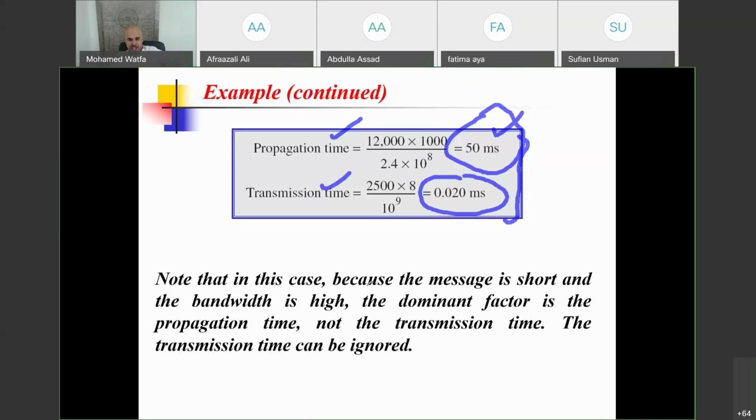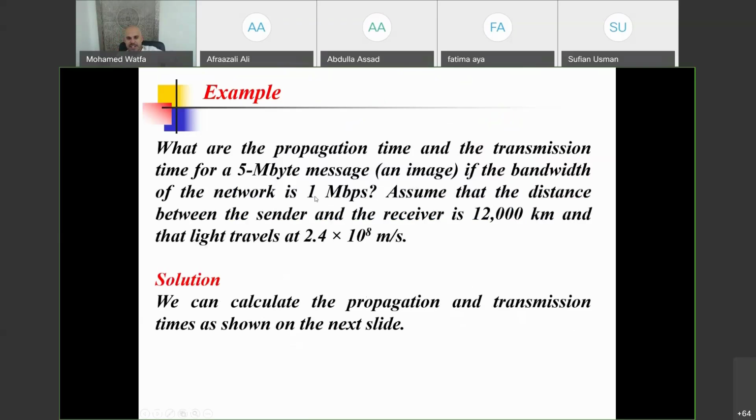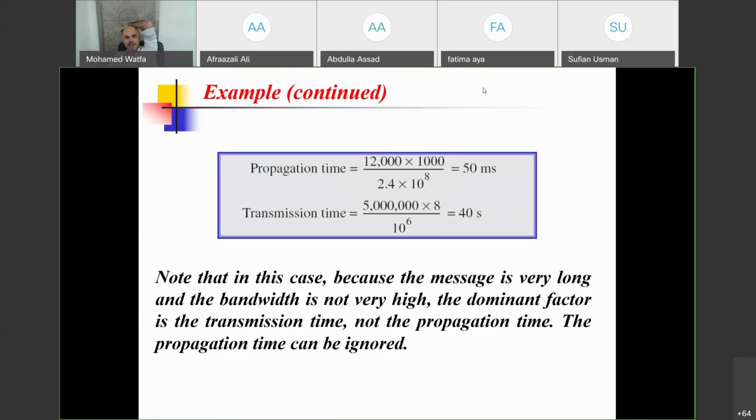We could do the same question. Yes, something similar. I changed the numbers. What are the propagation time and the transmission time? My message now is 5 megabytes, and everything else is the same. If you do the calculation, you see now, with the 5 megabytes and making the data rate smaller, look at this.